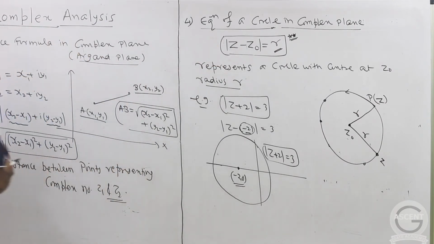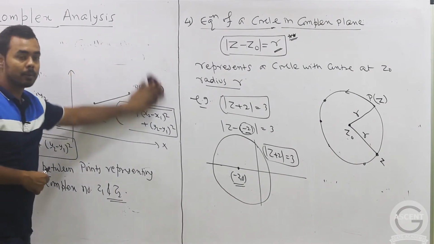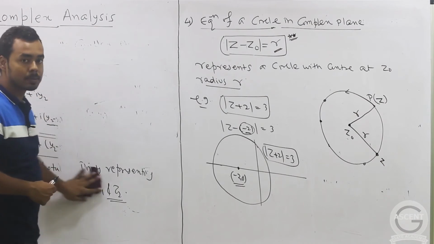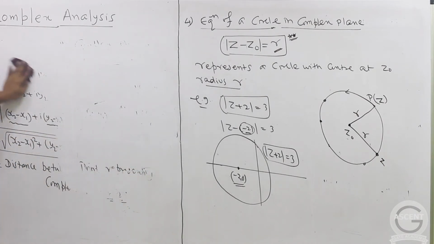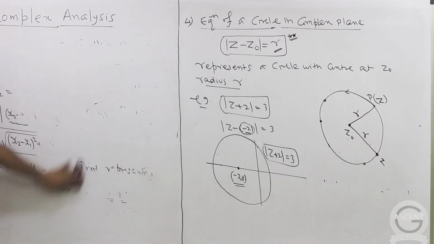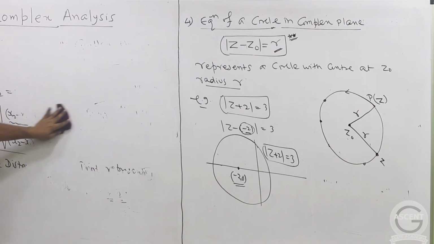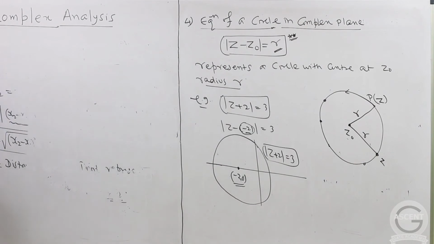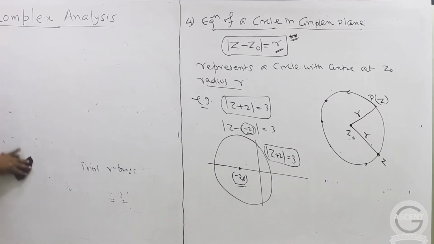Now our fifth basic concept will be how to write a complex number in different forms. Basically we are going to see 3 different forms of a complex number.